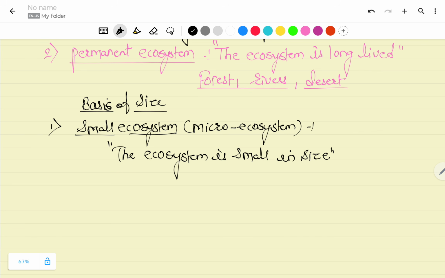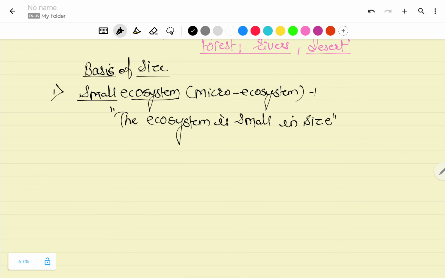That is the small ecosystem. Examples of the small ecosystem: pond. Second example, flower pot. Flower pot is another example.